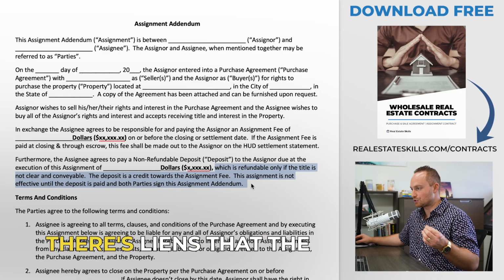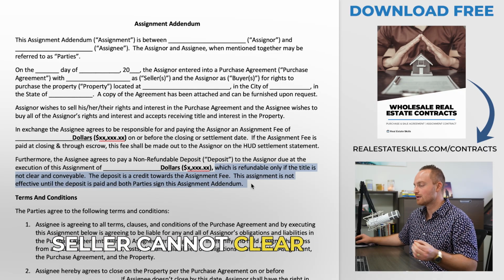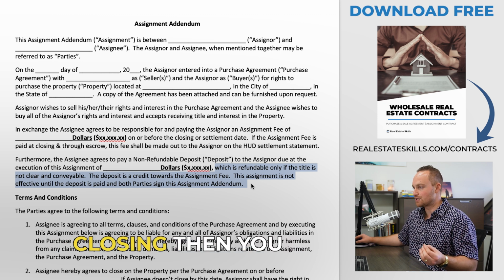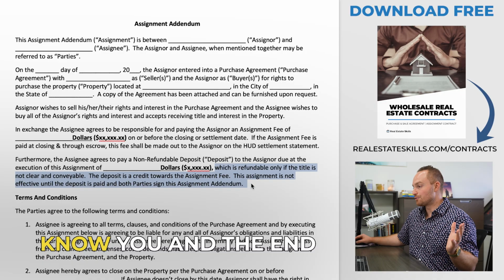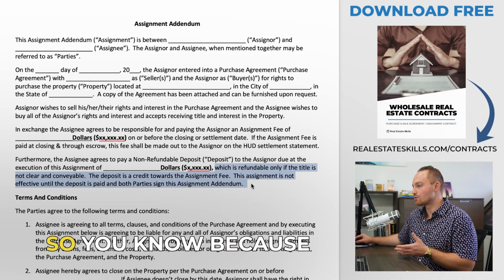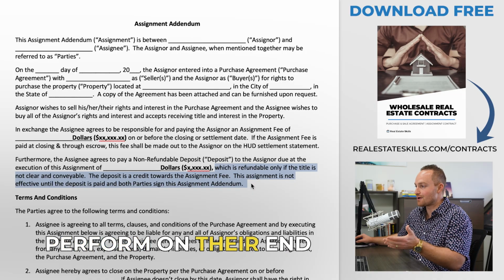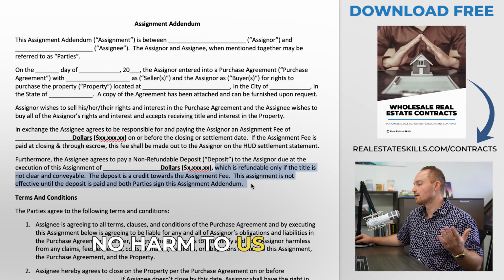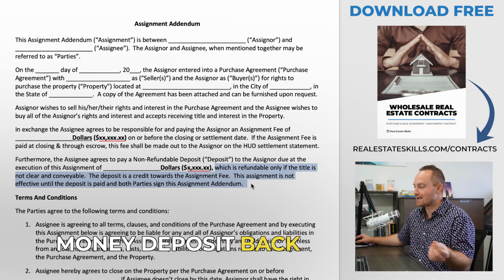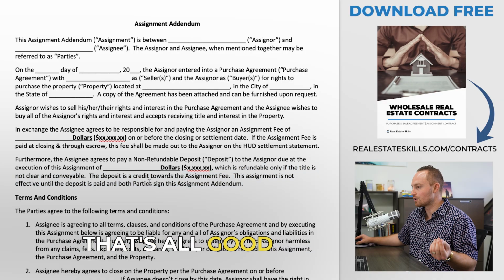It means that if there's liens that the seller cannot clear, if there are clouds on title that cannot be resolved before closing, then you and the end buyer can walk away and get your deposit back. So because the seller cannot perform on their end, it's no harm to us. Obviously, we want the deal to close, but that's when everyone gets their earnest money deposit back. So does the buyer. So that's all good.